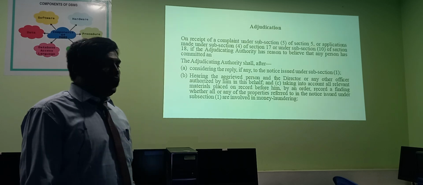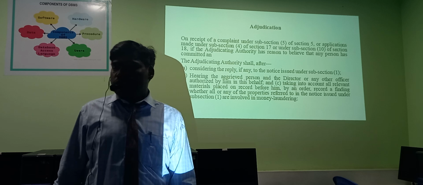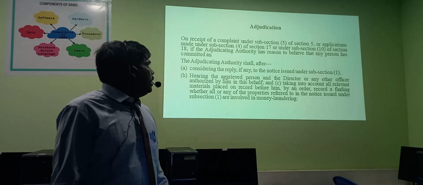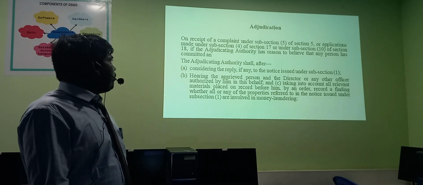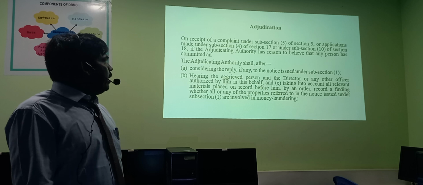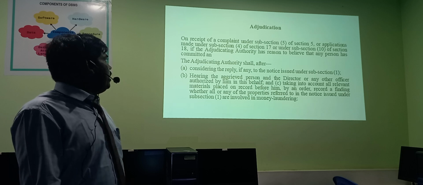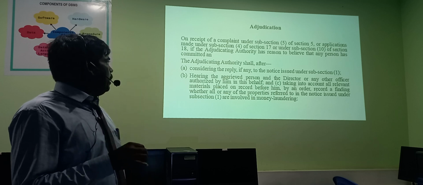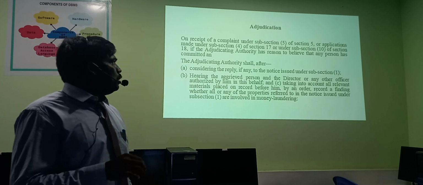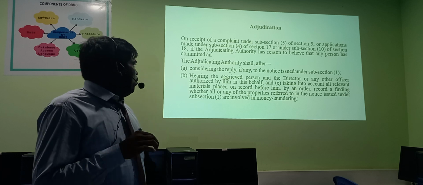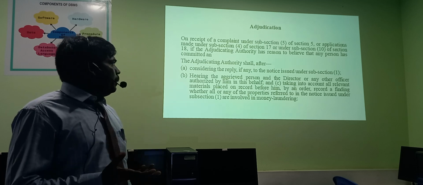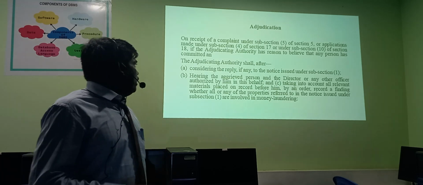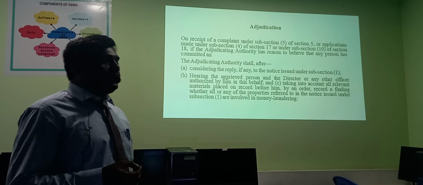Next, adjudication. Adjudication is a process where the adjudicating authority has reason to believe that a person has committed an offence. The adjudicating authority shall consider the reply, if any, to the notice issued under the section, and hold a hearing of the aggrieved person by the director or any other officer authorized by him.